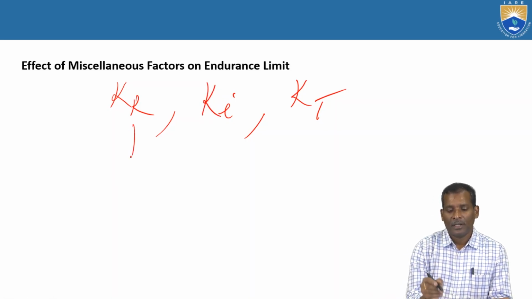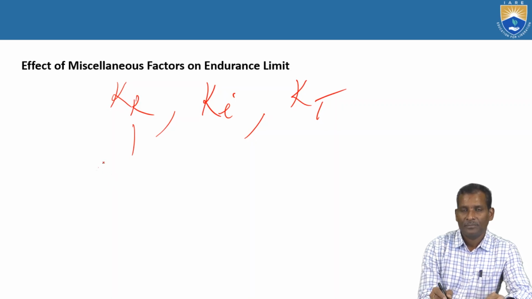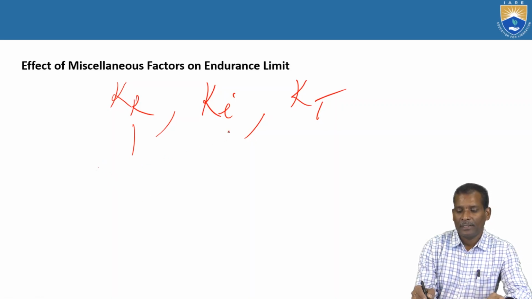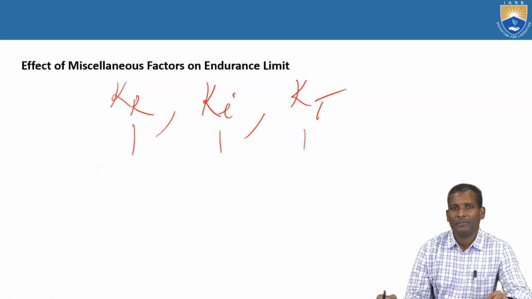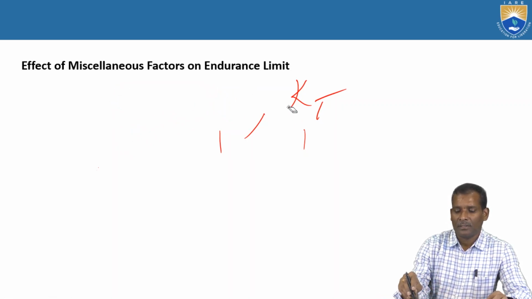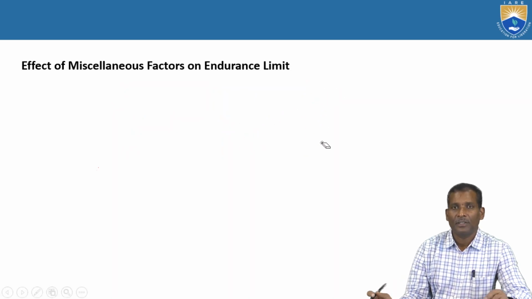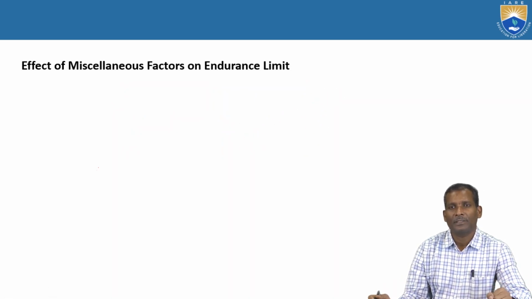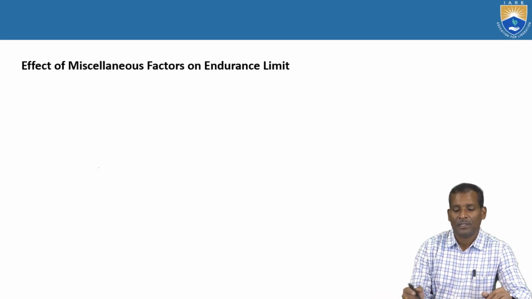So this is reliability, then impact, and this one is temperature. While considering all these factors, in addition to the previous factors, we need to multiply these factors also. And one more important factor is there, the fatigue stress concentration factor, that is Kf.